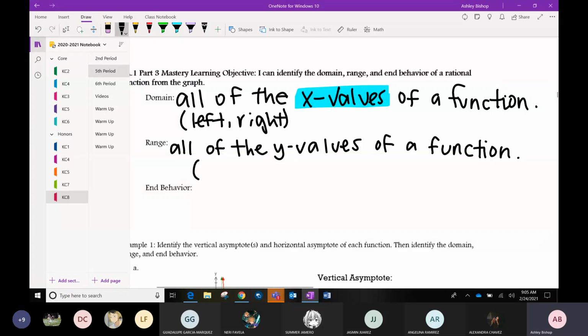And then for an example, it's how far down you go, comma, how far up you go. Remember, your domain and range need to be in the correct order. So your lowest number should go first and your highest number should go last.